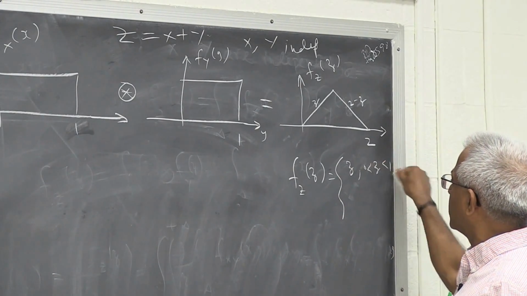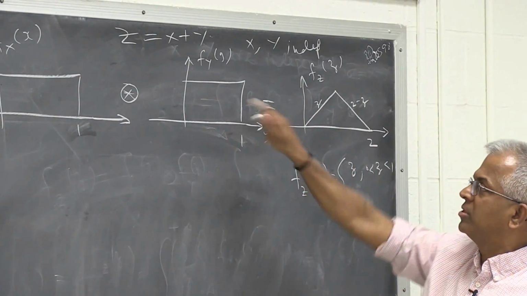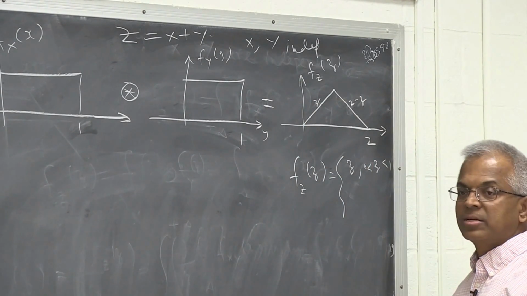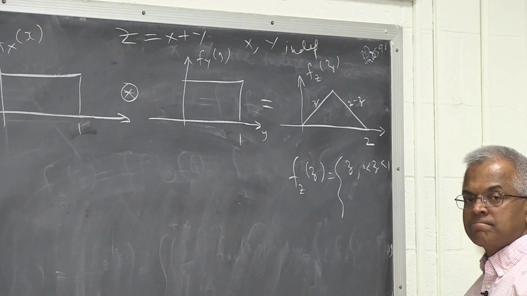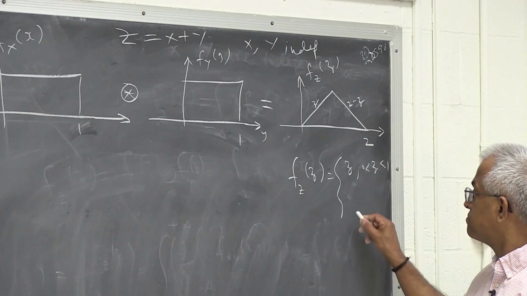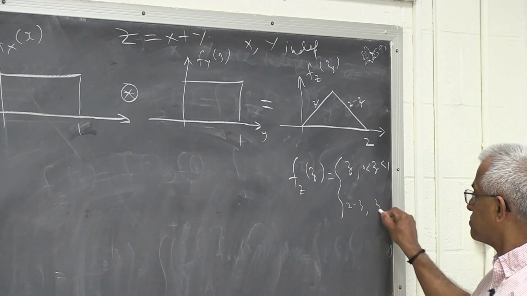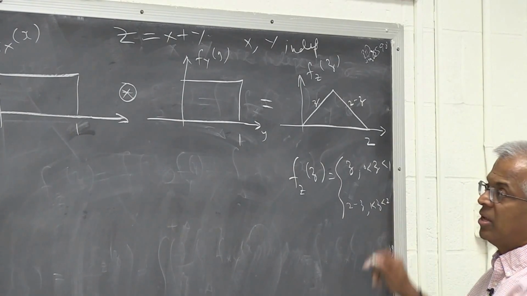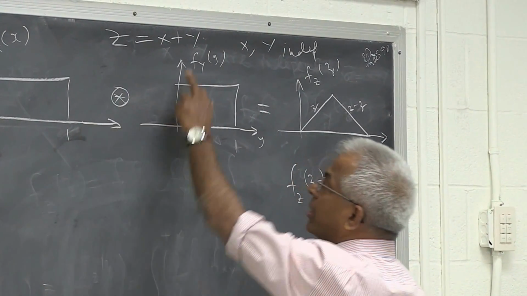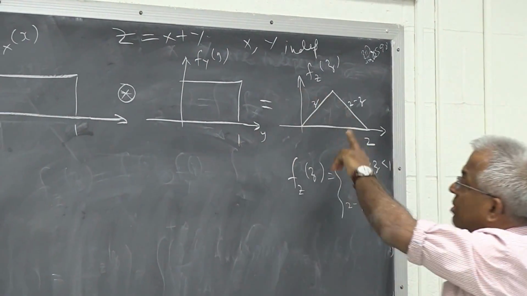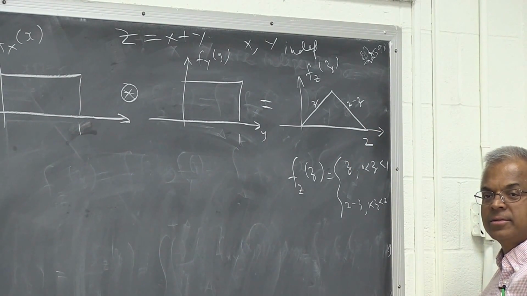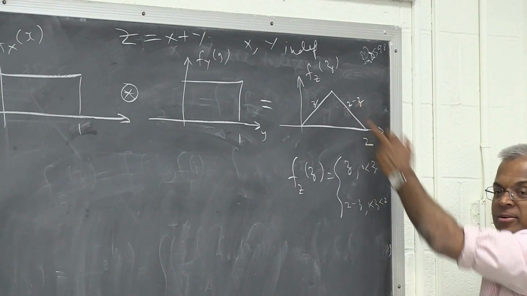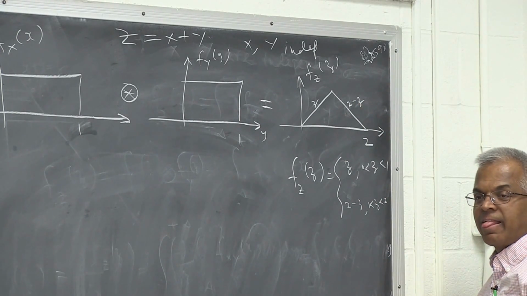So you should go and check whether you can actually convolve this with this, follow the steps and get the triangle. If x goes from 0 to 1, y goes from 0 to 1, the sum will go from 0 to 2. That's kindergarten. What is not kindergarten is the convolution.